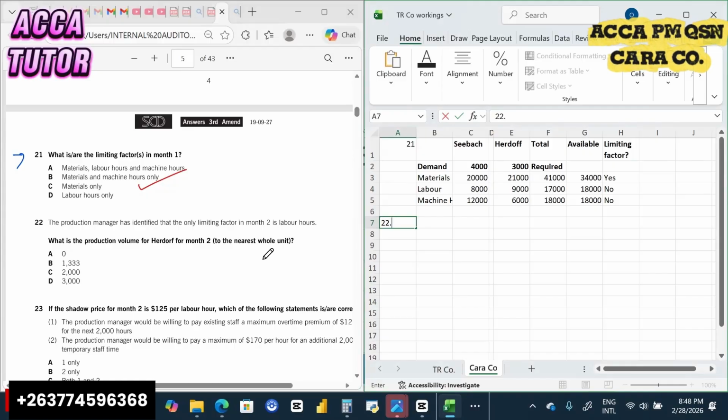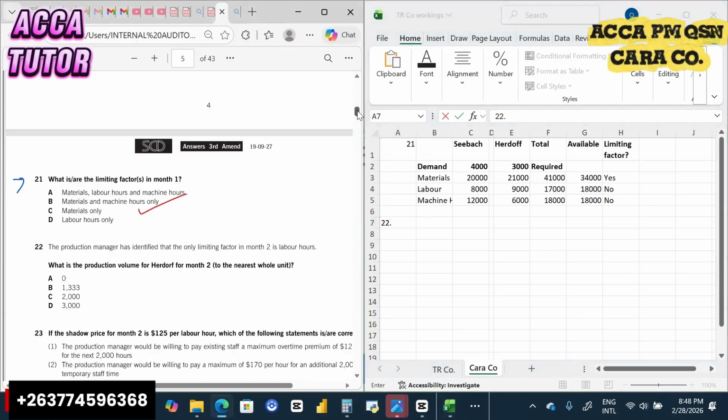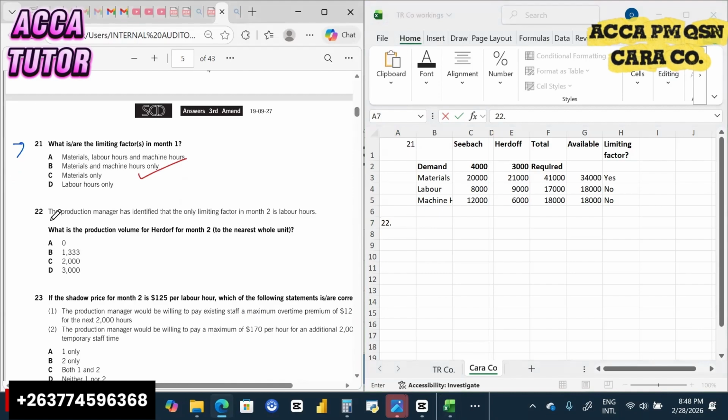So the limiting factor in month 2 is labor hours. That's what they say too. The question is saying the production manager has identified that the only limiting factor in month 2 is labor hours. So what is the production volume for head off for month 2, given that the only limiting factor is labor hours?